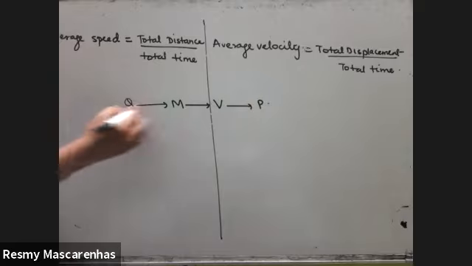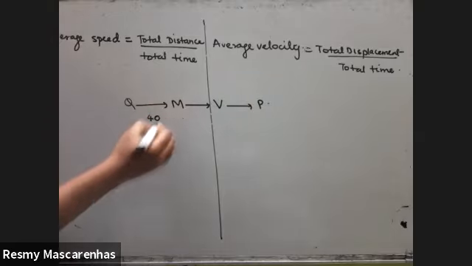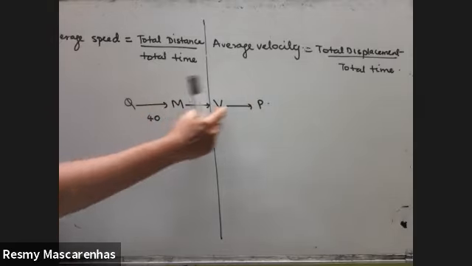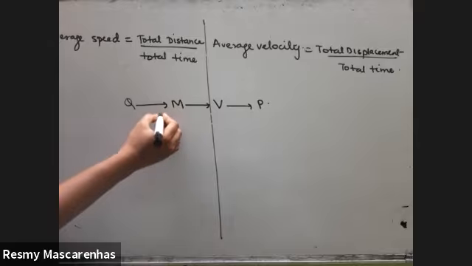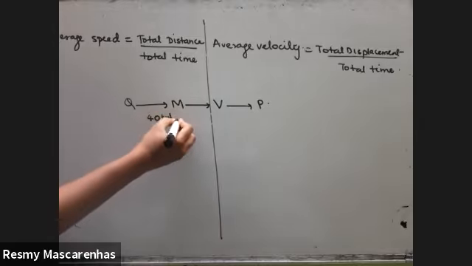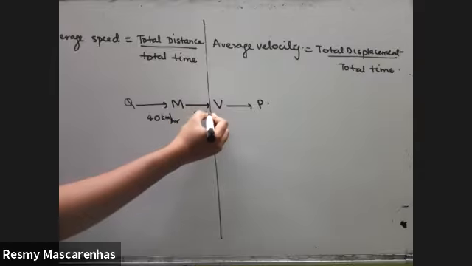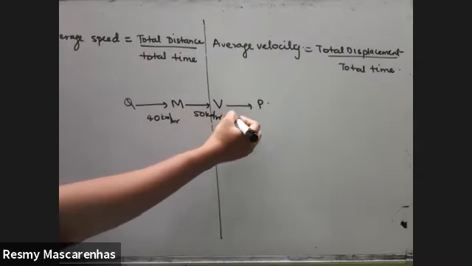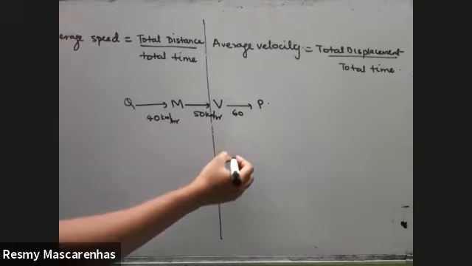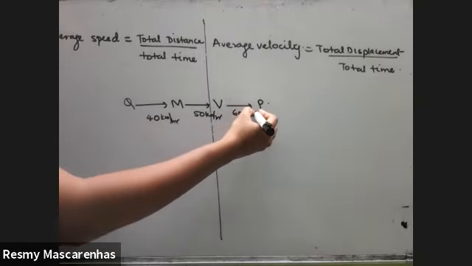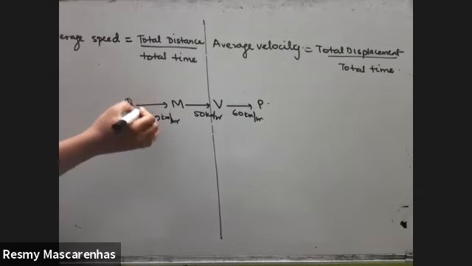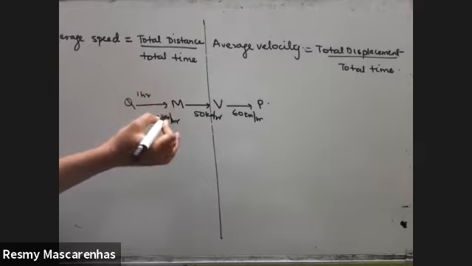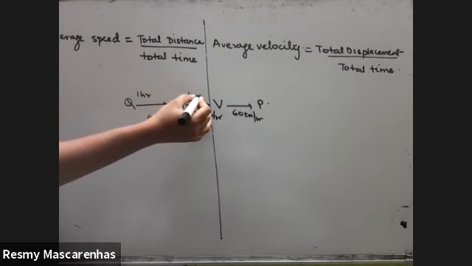Now from here to here you were traveling suppose at 40. We have different speeds now. You took suppose 40 kilometers per hour on this stretch. Here you must have taken maybe 50, and here maybe 60 kilometers. Here you must have taken some time, 1 hour. Here you must have taken 2 hours maybe.